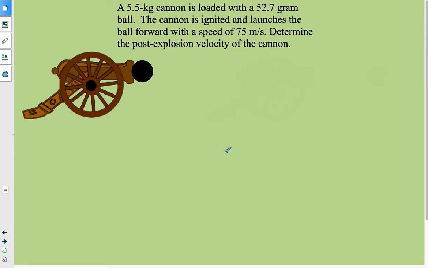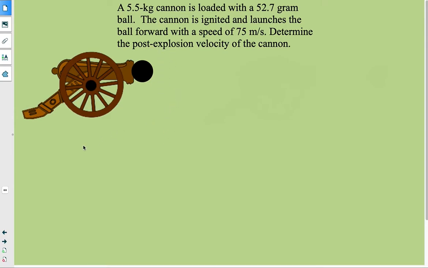Let's do a problem. So I have a cannon. It's a fairly small cannon, 5.5 kilograms. That would be like 11 pounds, you guys. It's loaded with a 52.7 gram cannonball. So here we go.